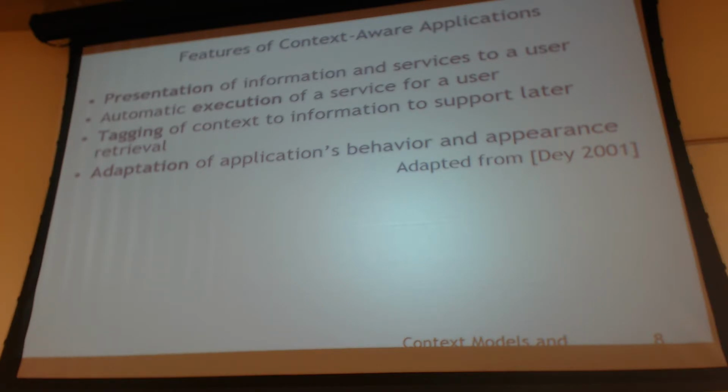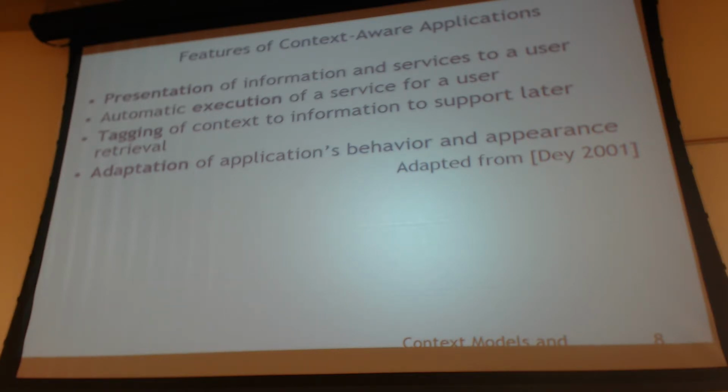He has an example that whenever battery goes below 15%, it asks the user if they want to shut off some services, or maybe automatically turns off the Wi-Fi or 4G, or automatically reduces the screen brightness. Right? So those are automatic executions of services for a user based on certain context.